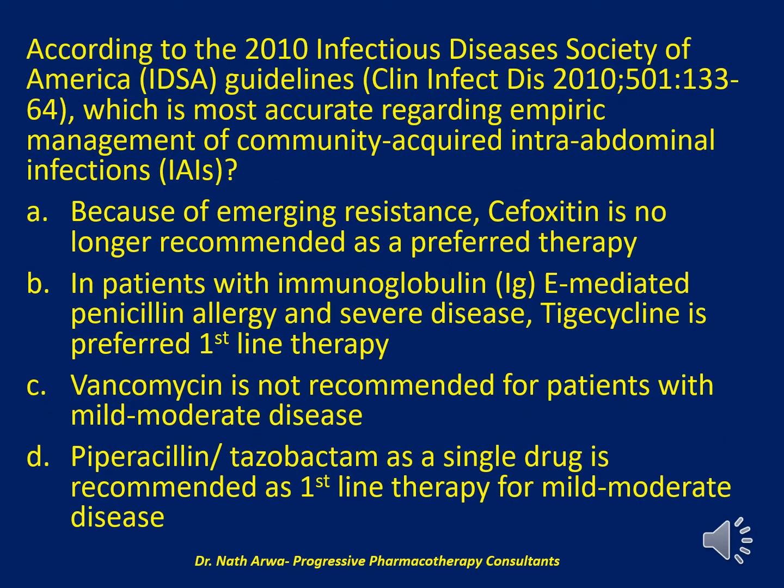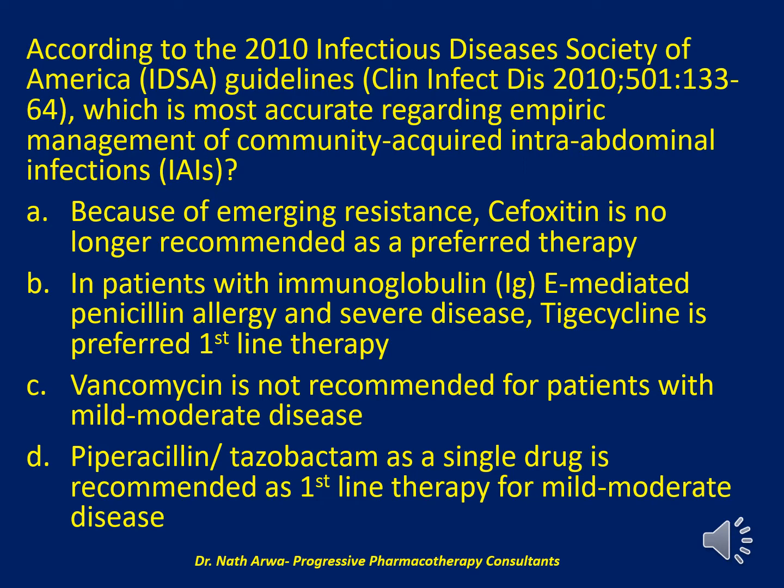And the next question reads, according to the 2010 Infectious Diseases Society of America (IDSA) guidelines, published in the Clinical Infectious Diseases Journal in 2010, which is most accurate regarding empiric management of community-acquired intra-abdominal infections, abbreviated as IAIs? Is it A? Because of emerging resistance, cefoxitin is no longer recommended as a preferred therapy. Or B?